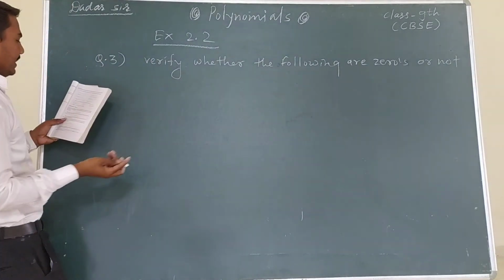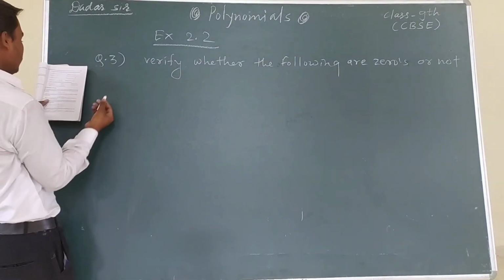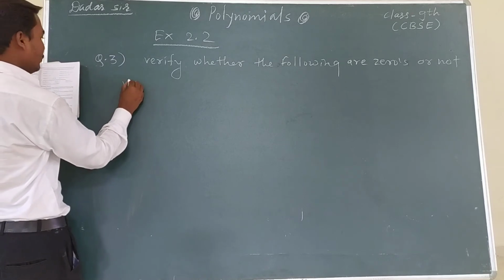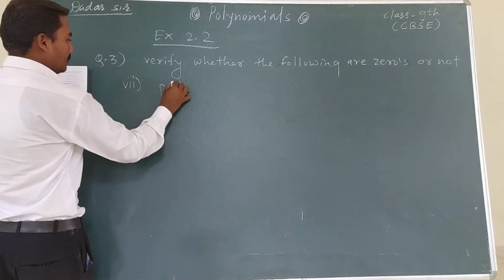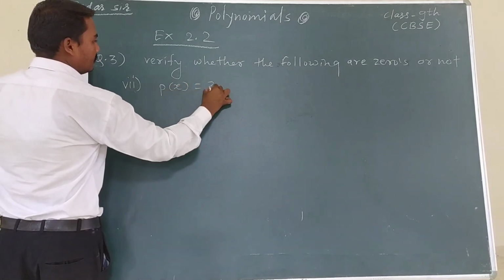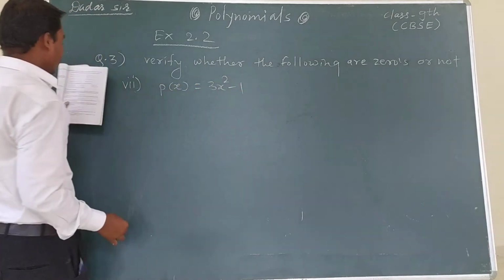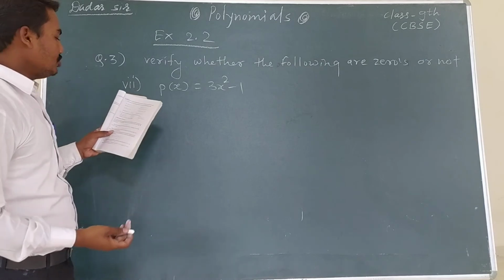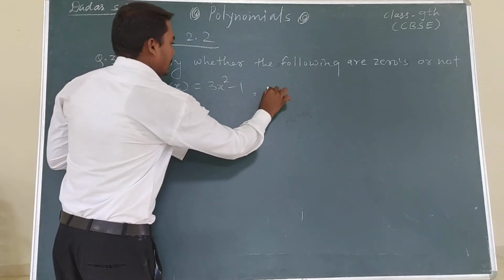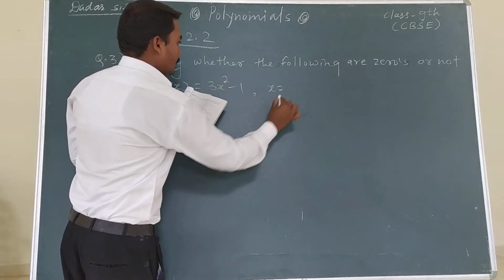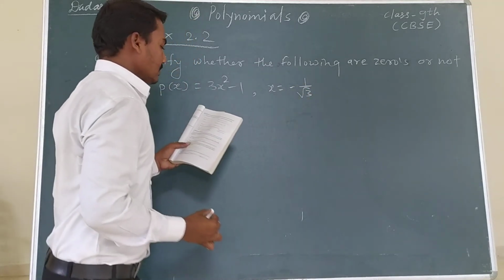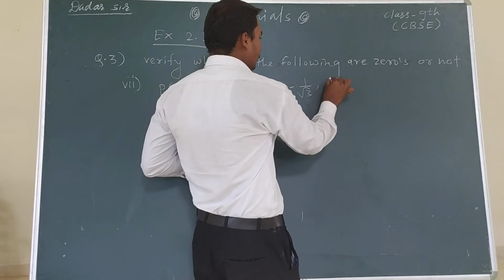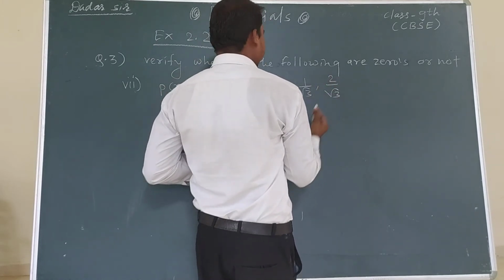I want to take the example in question 3, which is question number 7. That is p of x is equal to 3x square minus 1. It is the polynomial and we have to check x is equal to minus 1 by under root 3 and 2 by under root 3.